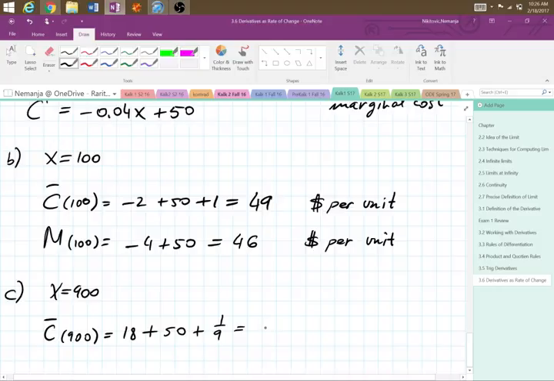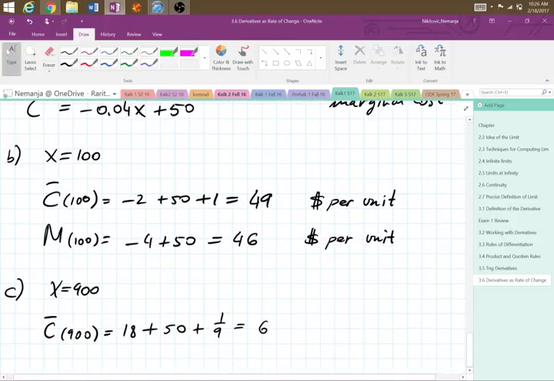So it's... something is wrong here. Oh, it's negative 18. So I have negative 18 and 50, that will be 32.11111, right? We keep two decimals because it's cents.